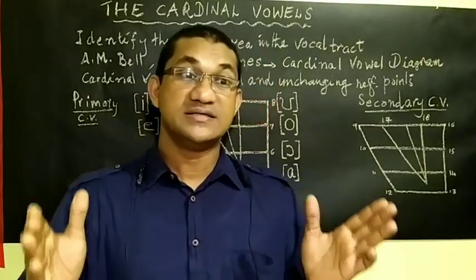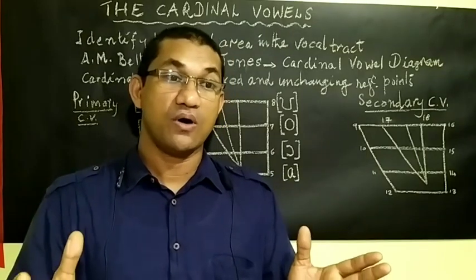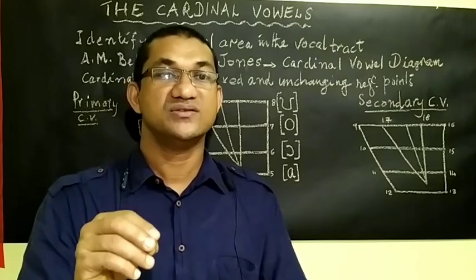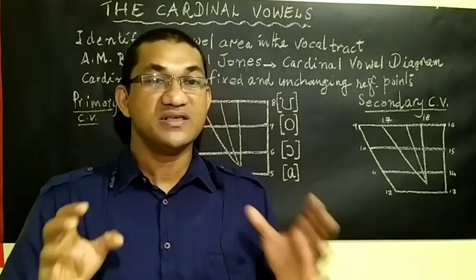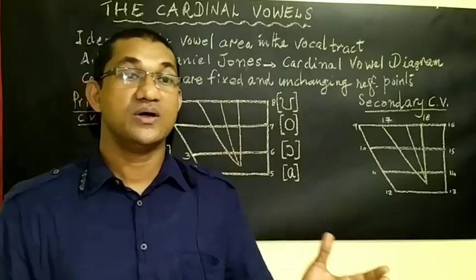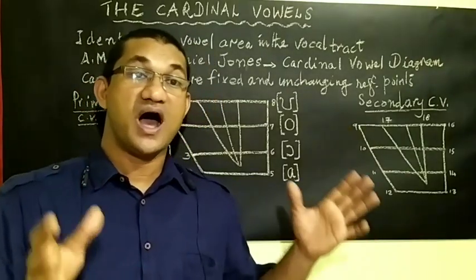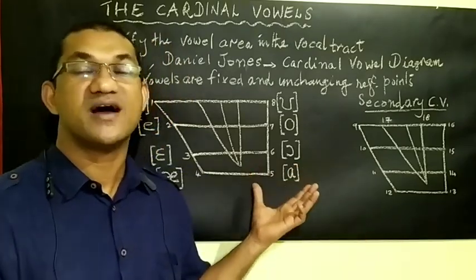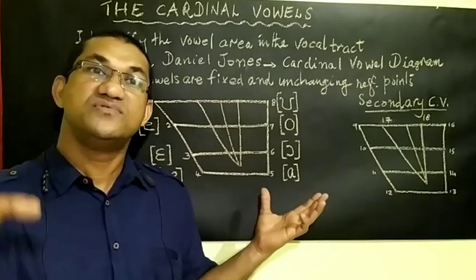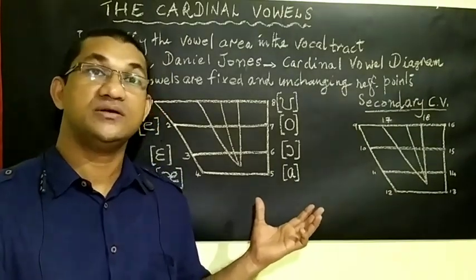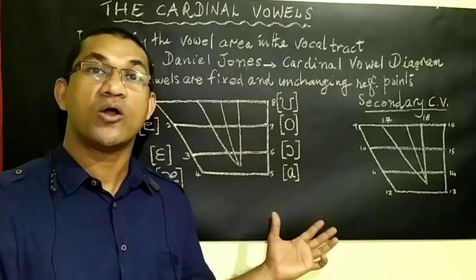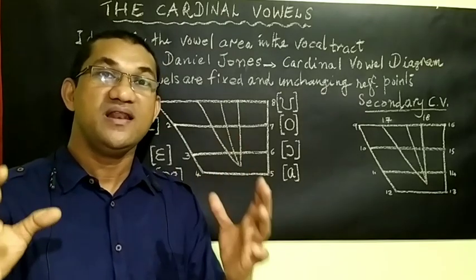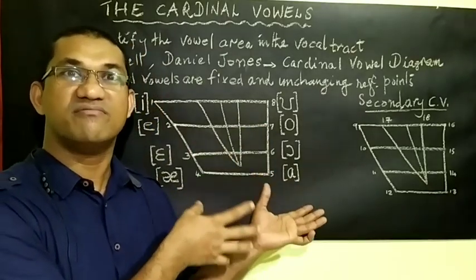Cardinal vowels are just reference points, fixed, unchanging reference points in the oral cavity. With the help of these fixed reference points in the oral cavity, we can locate the vowels of any language in the cardinal vowel chart.